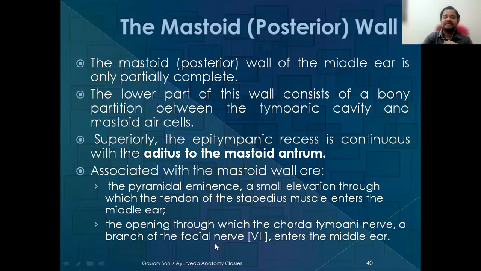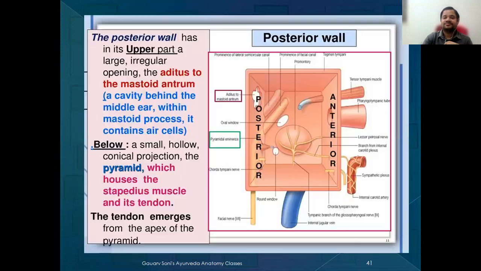The second thing is there is an opening for the chorda tympani. Chorda tympani is what? It is a branch of the facial nerve, the 7th nerve, which enters the middle ear through this wall. So first of all, the posterior wall is incomplete. On the lower side, it is bony. On the upper side, it has a pathway for the mastoid antrum. Two structures are there: the pyramidal eminence and a foramen for the chorda tympani.